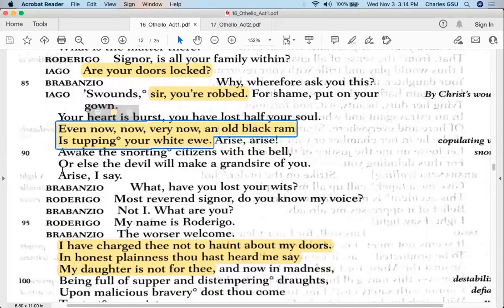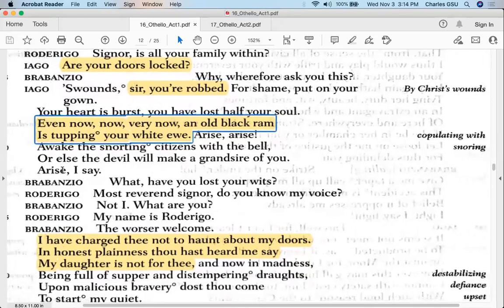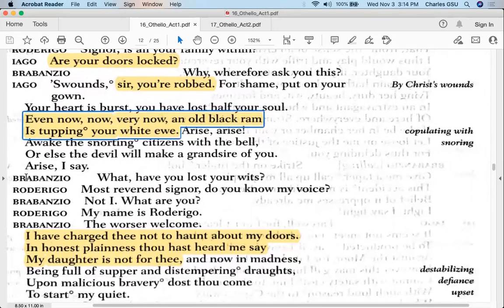Iago says here in a very crude manner, just to try to incense the father, to get him to visualize what is happening. "Even now, very now, an old black ram," meaning Othello, "is tupping," or topping, it says here, copulating "with your white ewe." A ewe is a female sheep, and of course a ram is a male sheep.